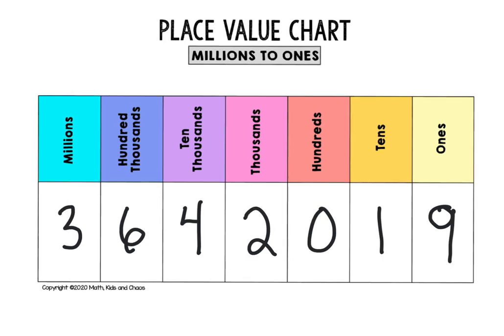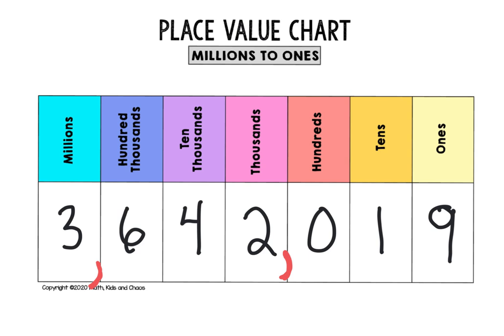The next place value chart has the number 3642019. So this goes all the way to the millions. So we have the ones period, the ones, tens, and hundreds. That should remind us we need a comma. Then we are in the thousands period, which tells us that we need another comma here to separate the millions and the thousands. So how would we read this?